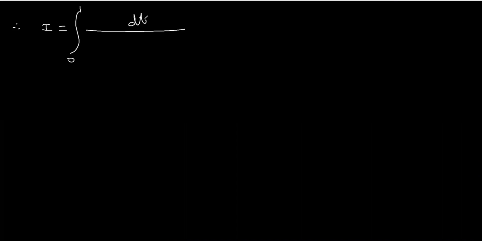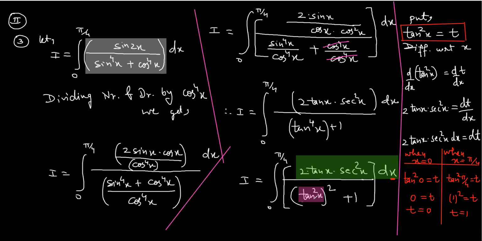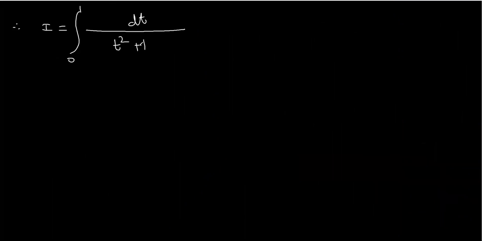Then here you have dt, and then down here you have tan square x, the whole square. What is tan square x? Tan square x is t. So t square plus 1. That is the next step, I write 0 to 1, 1 upon t square plus 1, I'll write 1 plus t square. Okay, or let it be the way it was. I write here t square plus 1 whole square and dt.